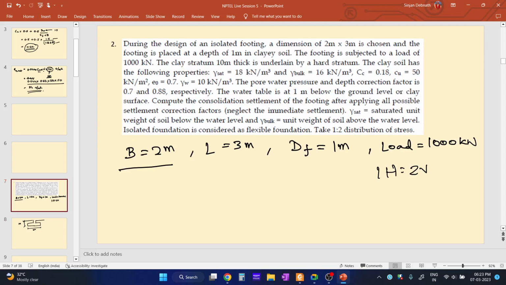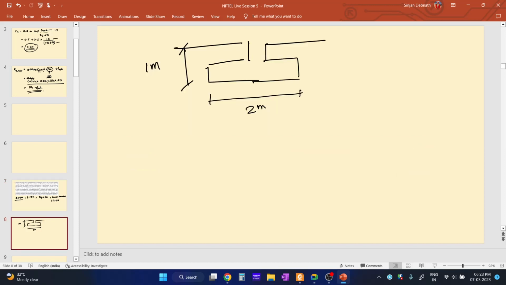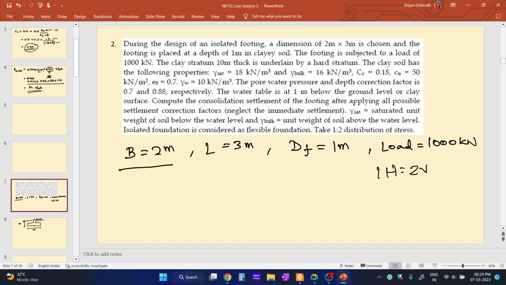and the footing is subjected to a load of 1000 kilonewton. Okay, fine. So a 1000 kilonewton load is coming. The clay has the following properties: gamma sat, gamma bulk, compression index, Cu, all those things are given. The water table is at a depth of 1 meter below the ground level.